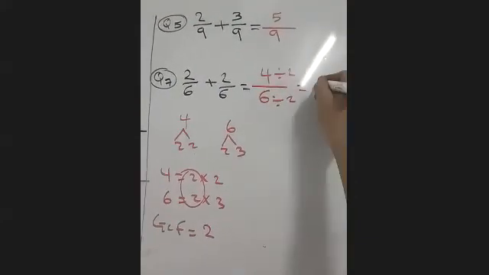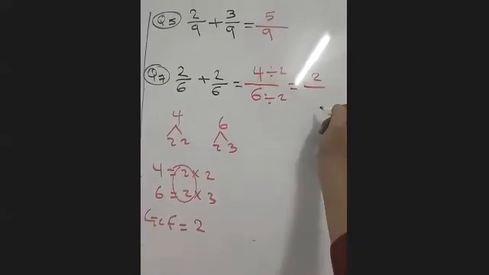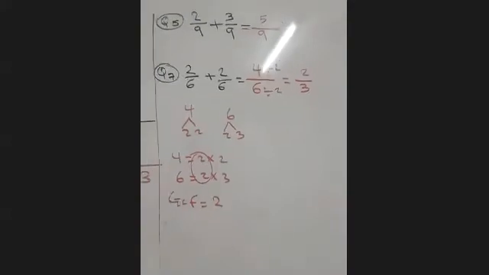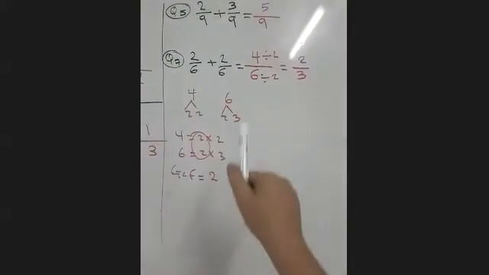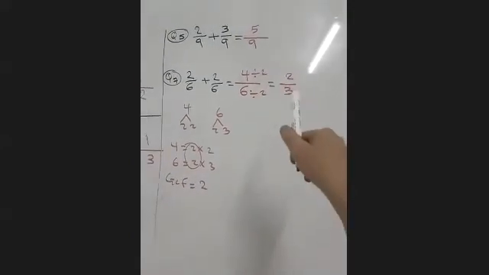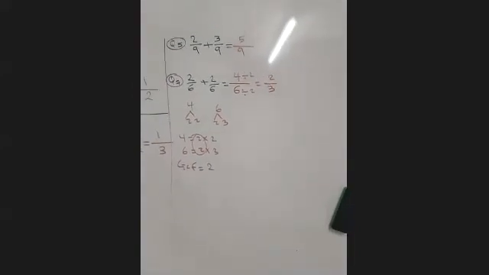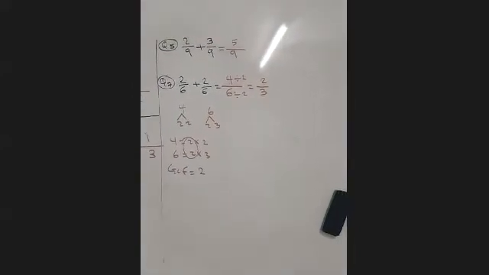That gives 2 over 3. This is question 7. We add, then find the GCF and divide up and down by it to find the simplest form of the answer, 2 over 3. Copy it, please.